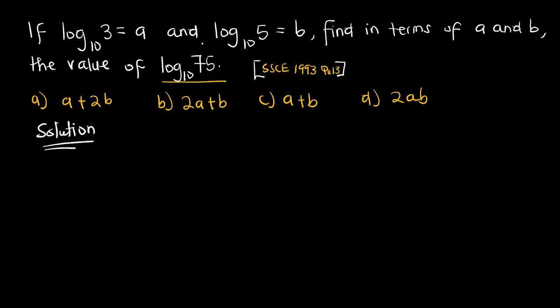The first thing I want to do is to write the expression that I have, which is log base 10 of 75. Now, what you want to do is expand this in the form of log base 10 of 3 and log base 10 of 5. So we need to think of two numbers that are multiples of 3 and 5, that when we multiply them together we get 75.